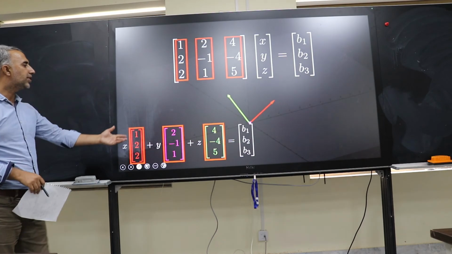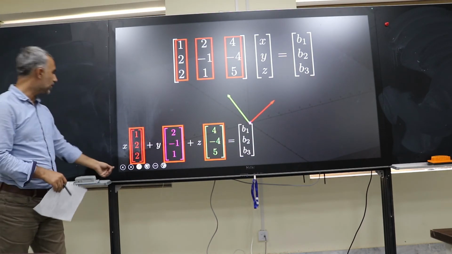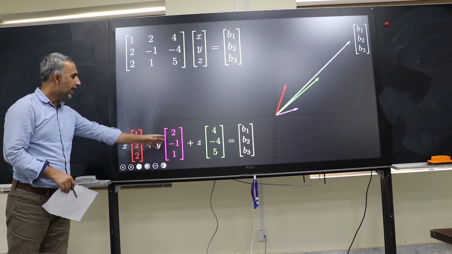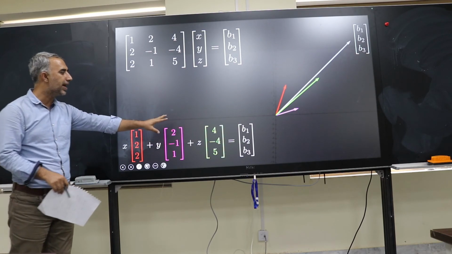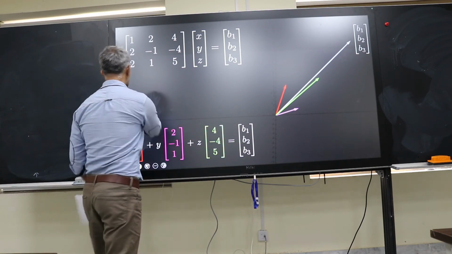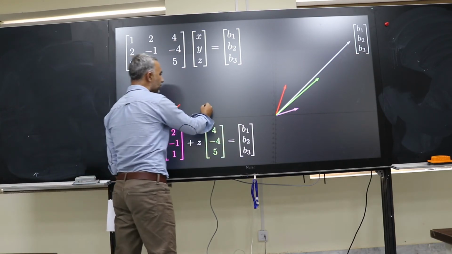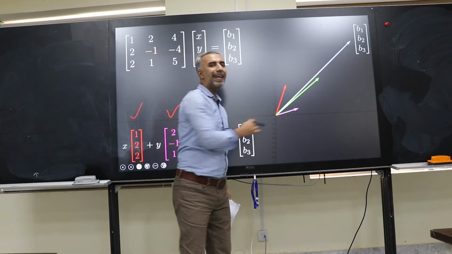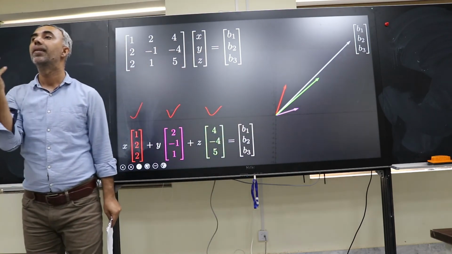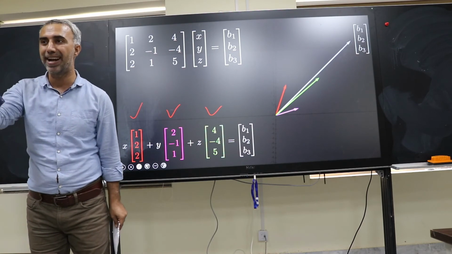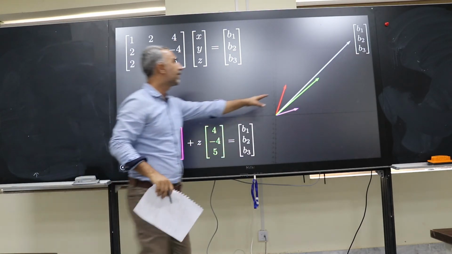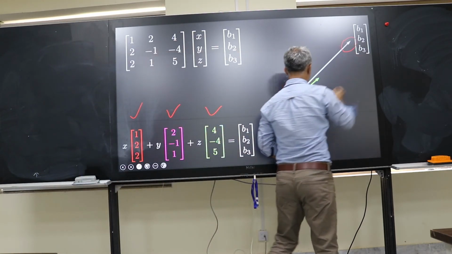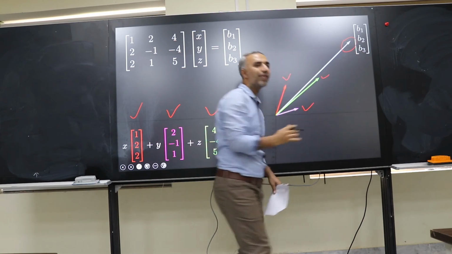If you have 3 dimensions in this case, this is the first vector, this is the second vector, this is the third vector. You are getting the resultant vector, or rectangular components. These are the components of this resultant one.